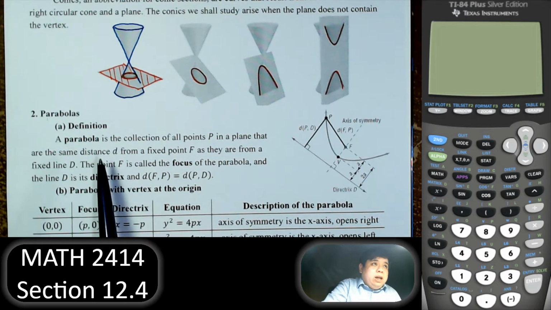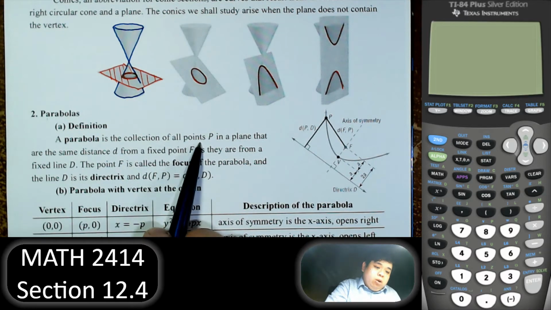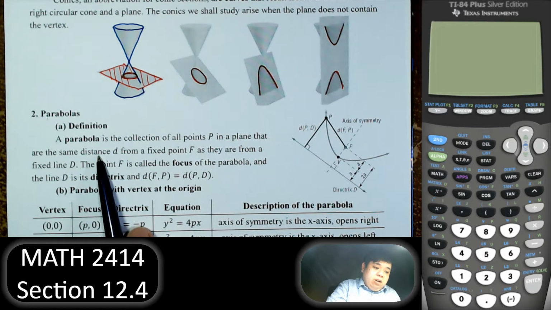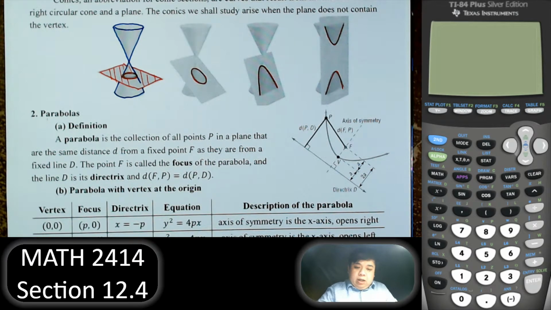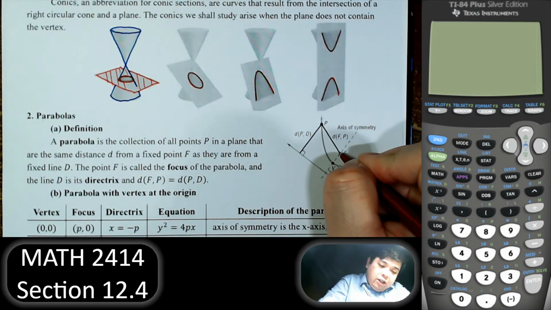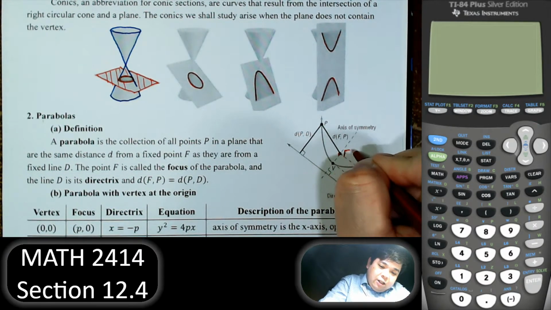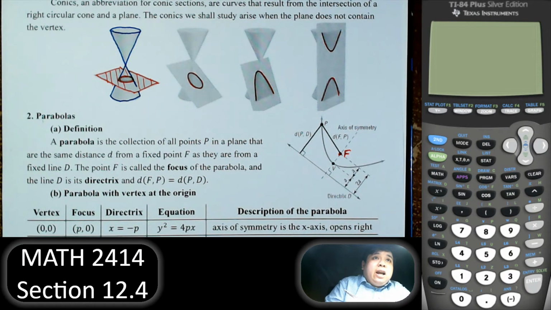So a parabola is the collection of all the points in the plane that are equidistant from a fixed point F to the line D. So pretty much what we have is the fixed point here, F, and that is called the focus.